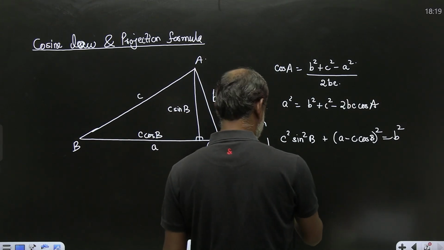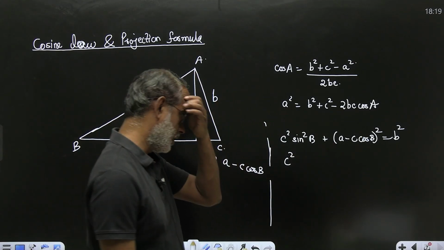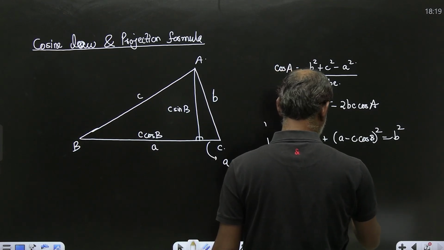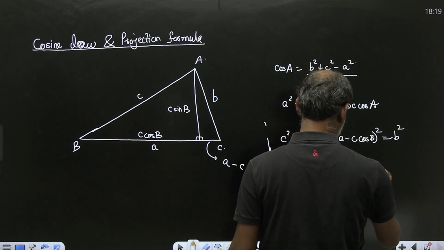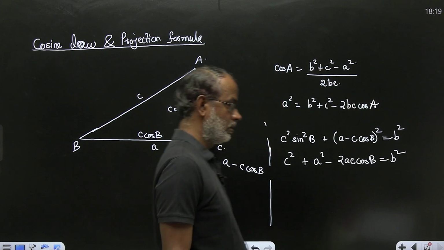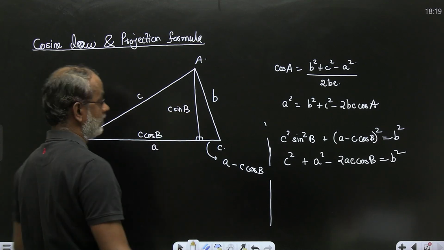So this is c square sin square B plus c square cos square B, you get c square, plus a square minus 2ac cos B. b square is this. You can draw the altitude from B and get the same result.